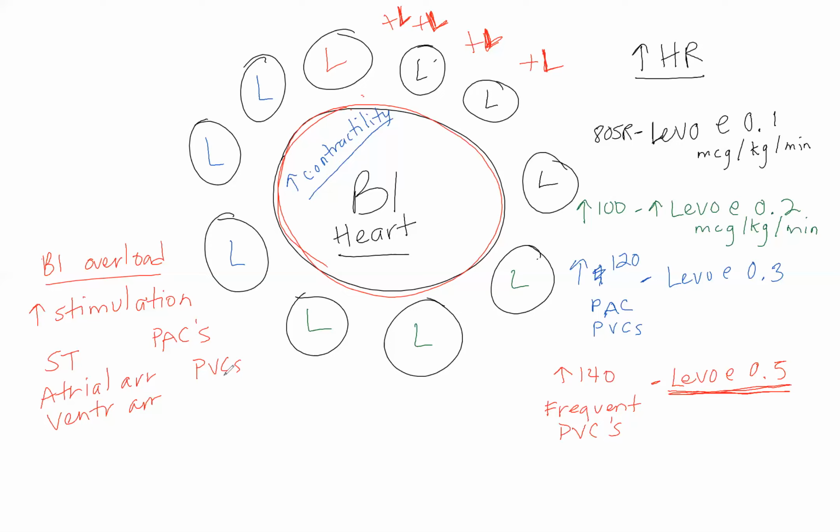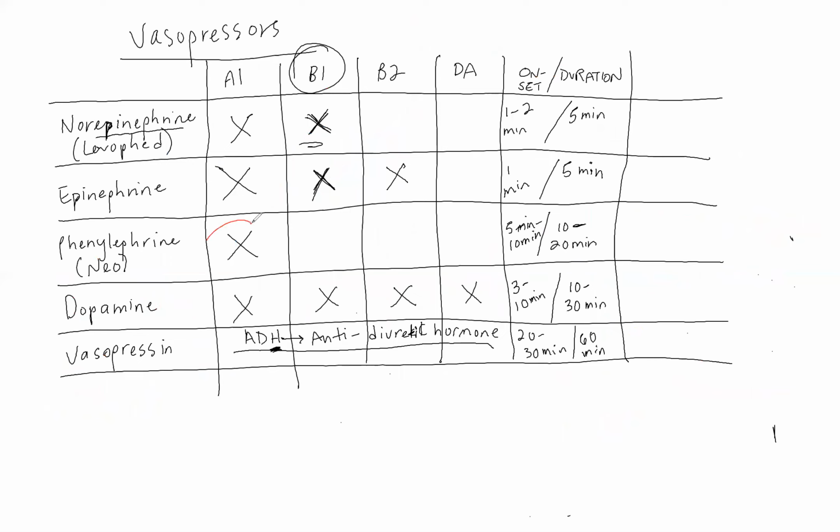What I don't want to do is add a medicine that's going to make it more stressed out. This is where it becomes really helpful that we have vasopressors that do not stimulate the beta 1.